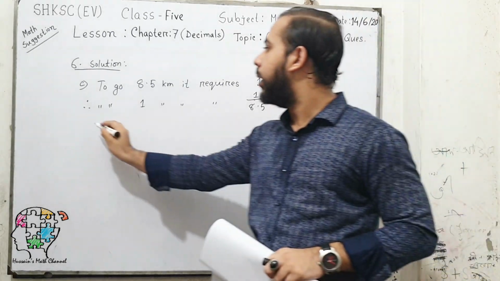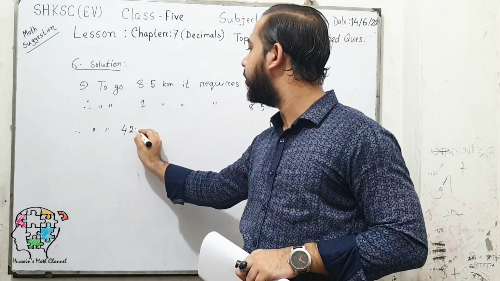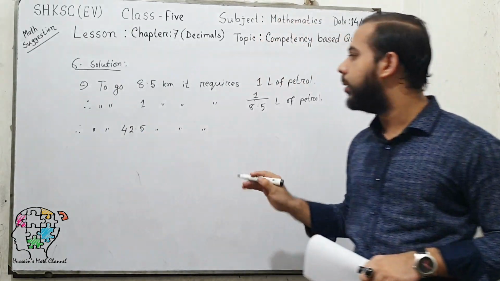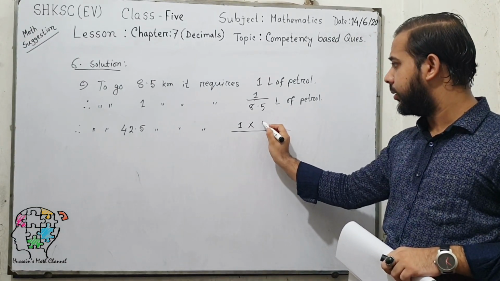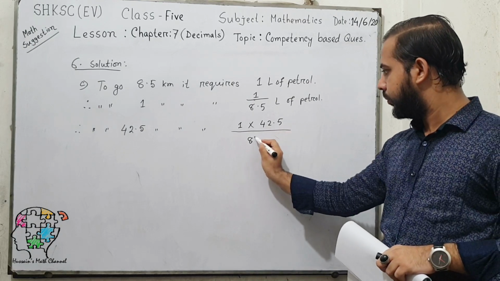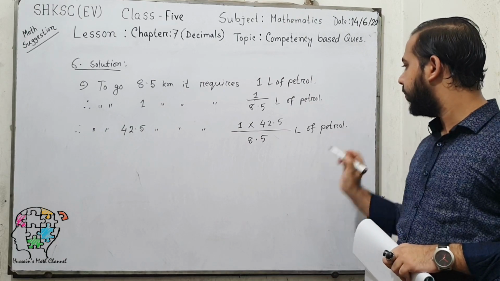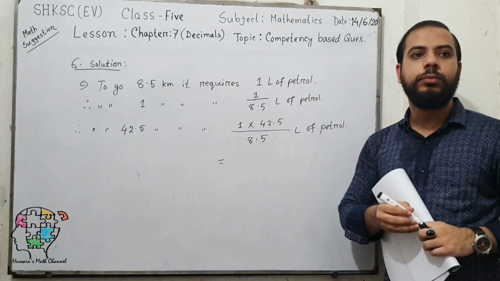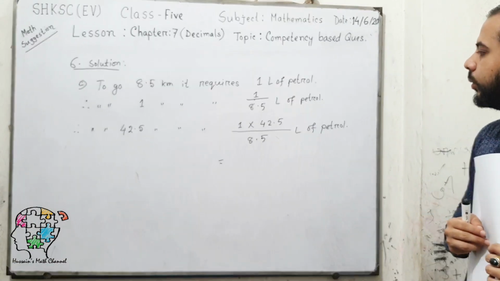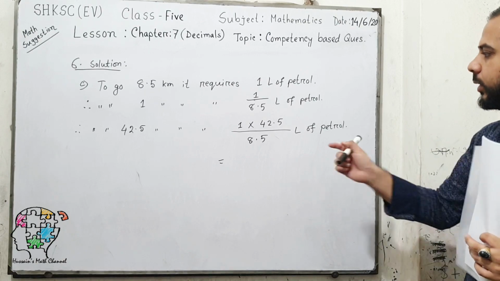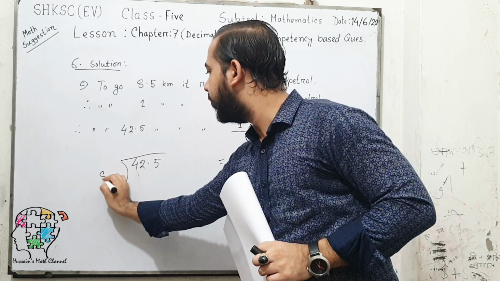Now to go 42.5 kilometer it requires more petrol, so we multiply in the numerator, 8.5 liter of petrol. Now we have to divide, so we can do rough for this math. 42.5 divided by 8.5.